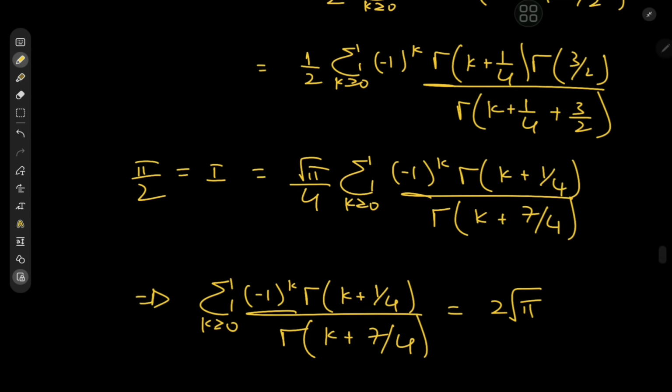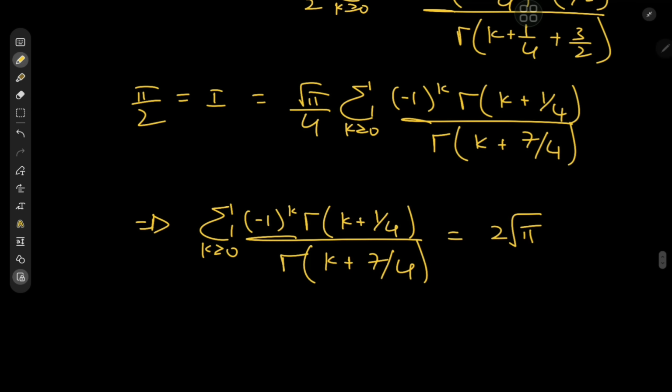Do you have any idea how insane this looks? We have a sum, an infinite series of ratios of gamma functions, and this so nicely converges to something involving pi, root pi specifically. This is awesome. I mean, this is beautiful.